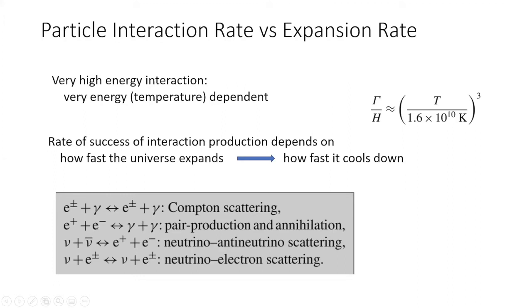This is the time when photons were created rather productively, and another family of particles, the neutrinos, also interact among each other and create pairs of electrons. These interactions took place when the universe had a temperature about this. So T is about a few times 10 to the 10 K.